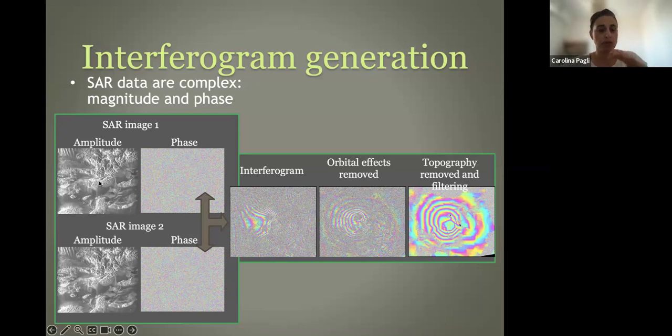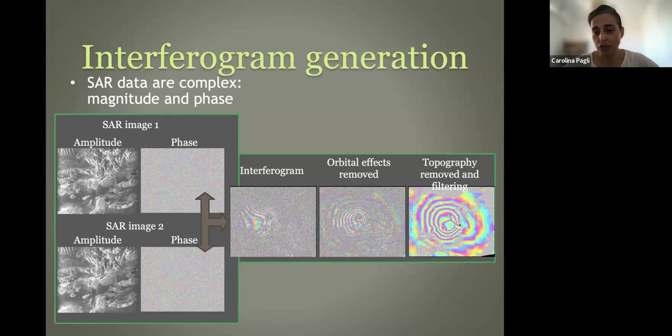The phase is proportional to the distance. Instead, the amplitude is just the intensity of the backscattered signal and somewhat gives you an idea of the topography. It's not very much used, to be honest. So by combining the phases acquired at two different times, we can finally form the first interferogram.